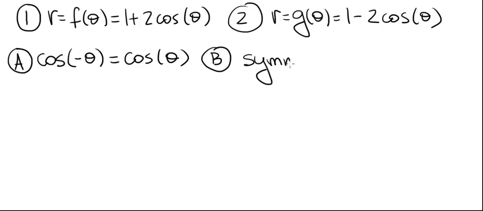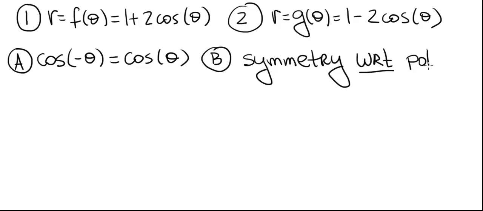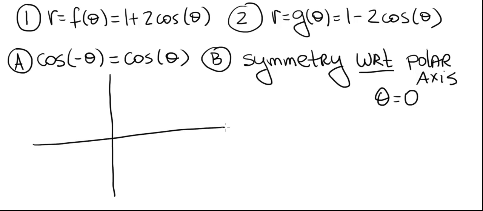So we're looking for symmetry with respect to the x-axis, or the polar axis. And the polar axis is just the line theta equals 0. So let's see how we can detect symmetry with respect to the polar axis.